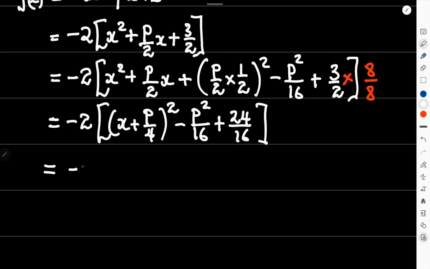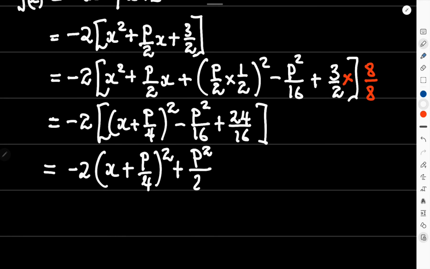We're going to have negative 2 into x plus p over 4, squared. Then multiplying the negative 2, it will be positive p squared over 8, minus 24 over 8, just like this so far.